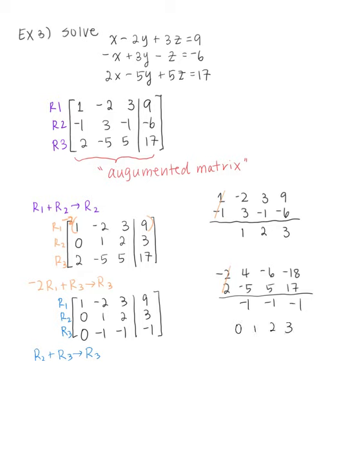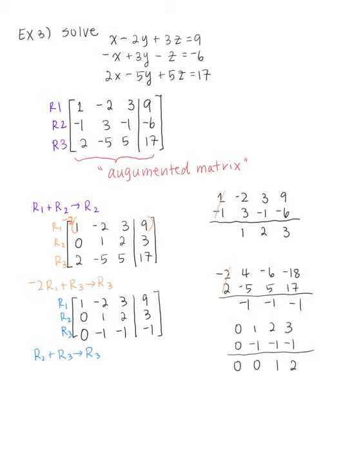And then row 3 is 0, negative 1, negative 1, negative 1. So I'm going to add them together. You're going to have a 0, 0, and then 1 and a 1. Oh, just kidding. The last one should be 2. Sorry about that. 3 minus 1 is 2. Okay, so now we're going to write that result in the third row.